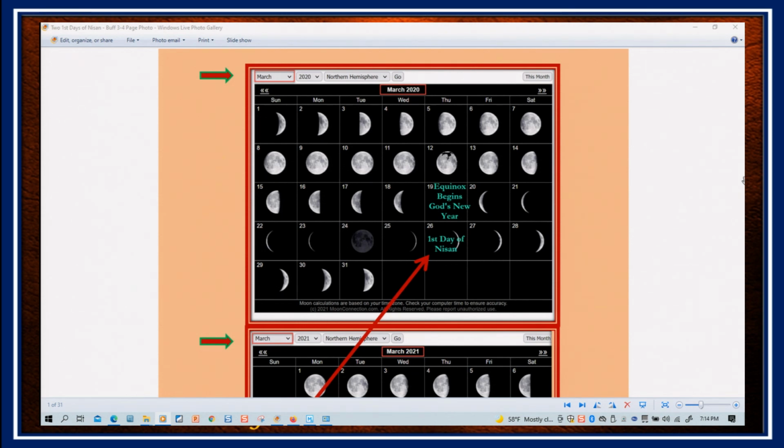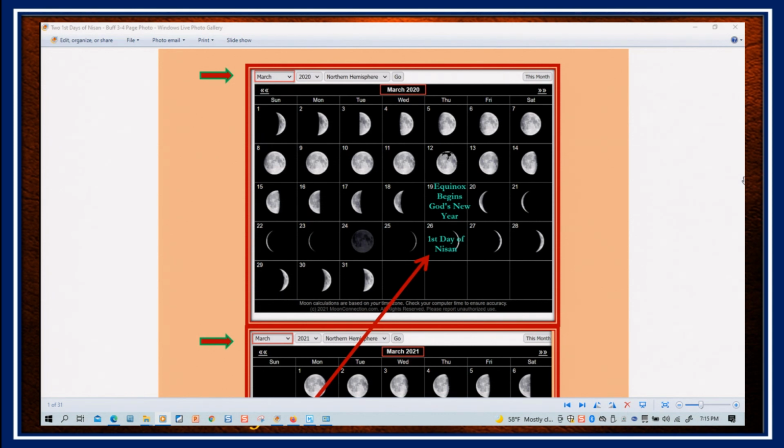And hopefully we can bring this matter to a truthful conclusion once and for all, because it's been a hotly contested issue for decades and decades. So let's see what really does happen when we use the new moon that occurs closest to the vernal equinox to calculate God's festival calendar.